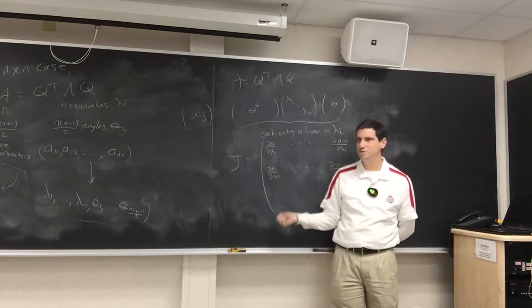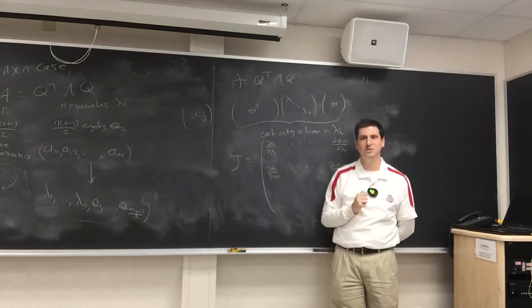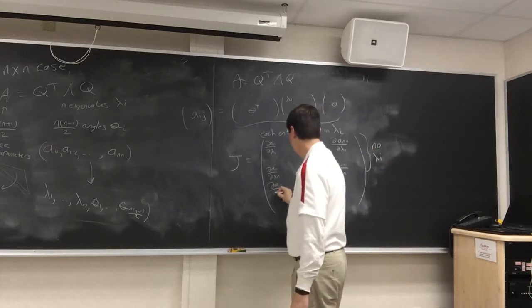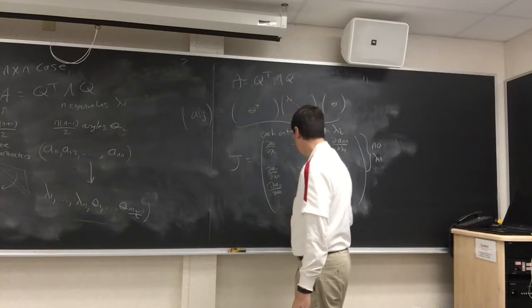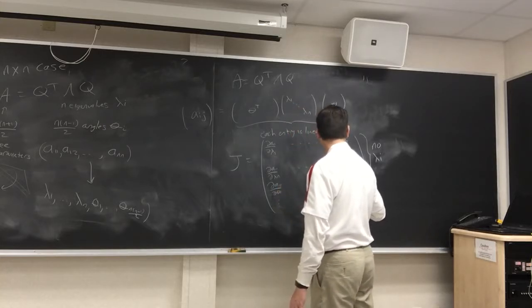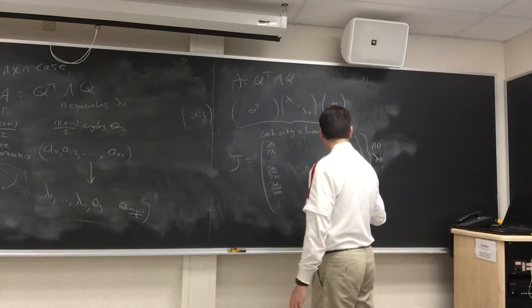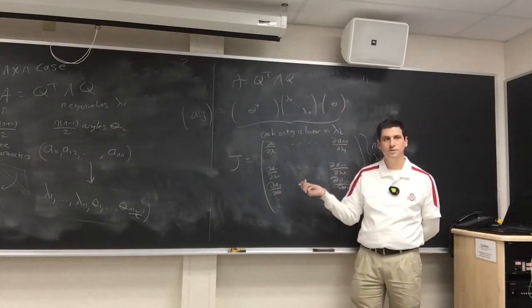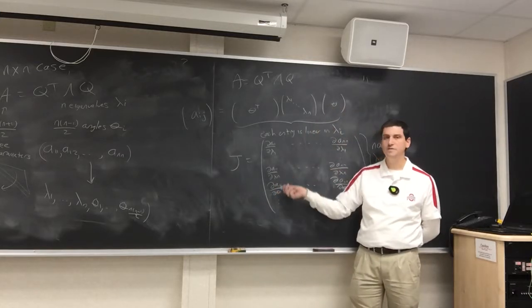What about all the rest that comes below when we start differentiating with respect to the angles? Now we have dA11 d theta 1, all the way down to dAnn d theta 1, and we keep going all the way down. What do we know about all of these rows? Can they have eigenvalue dependence?